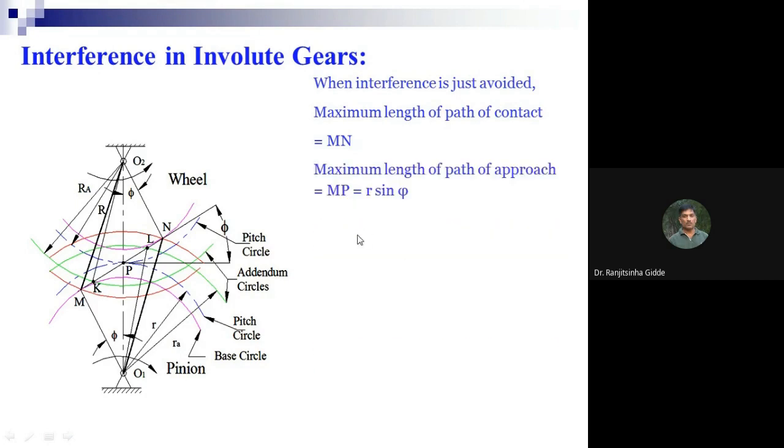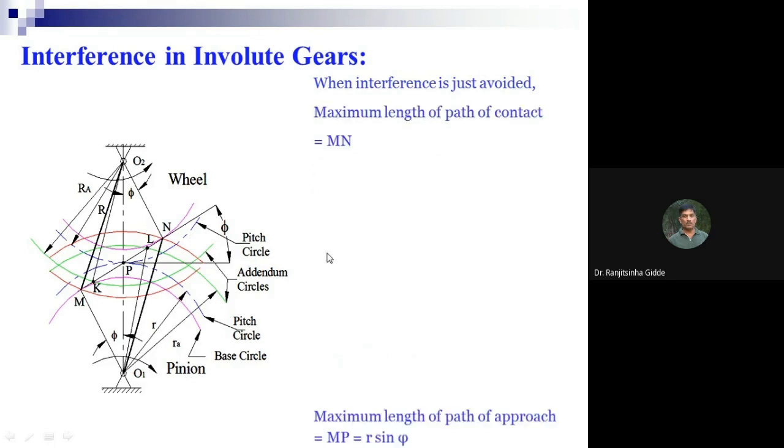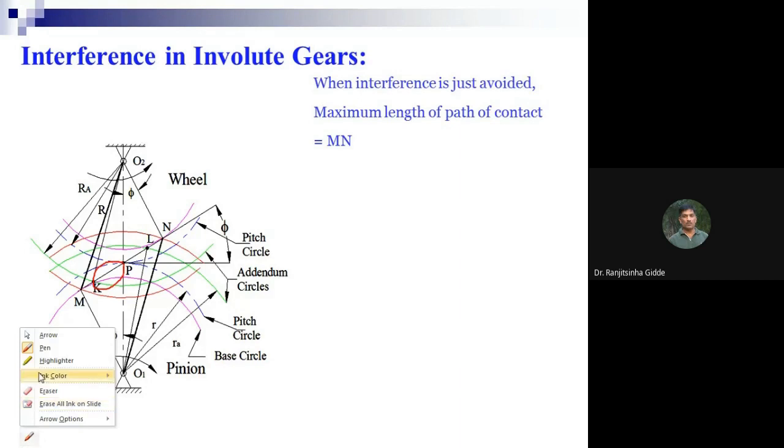Now this maximum length of path of contact is again divided into two parts. One is the maximum length of path of approach. So first I will show. Previously this is the path of approach and now this is the path of approach. So I will draw that figure.